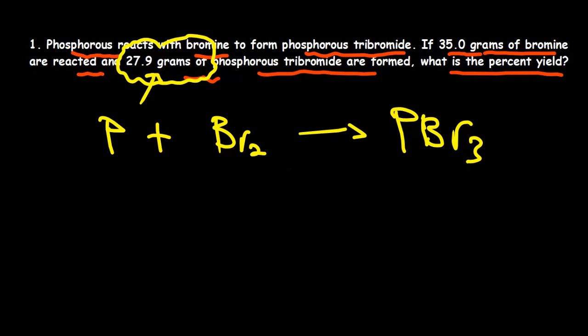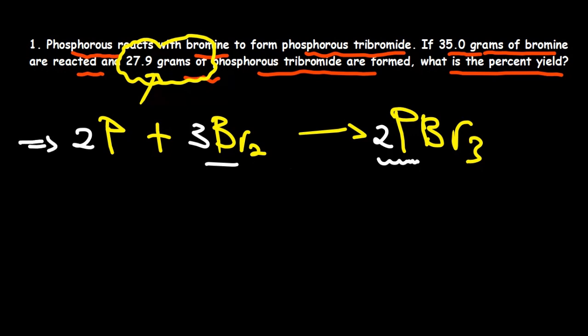We have 3 bromine here and 2 there, so we add a 3 there and a 2 there, so that we have 6 bromine on each side, 2 multiplied by 3. Now we have 2 phosphorus here, so we include a 2 there. This equation is now balanced.